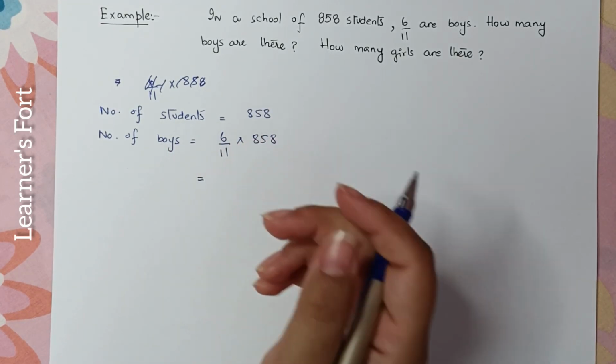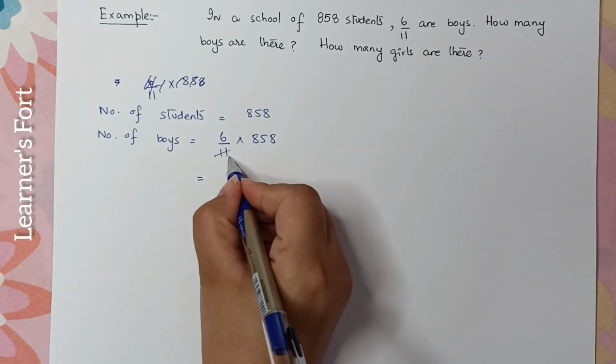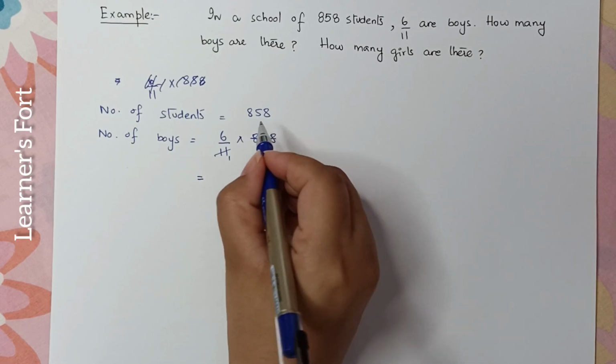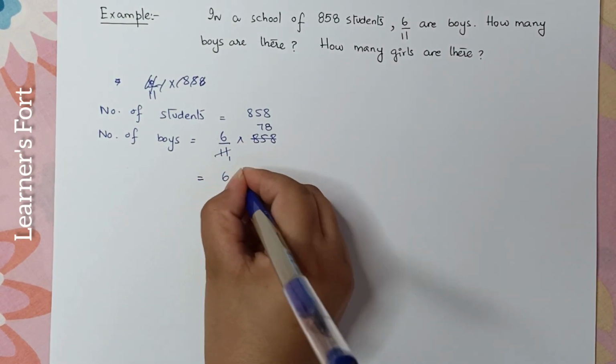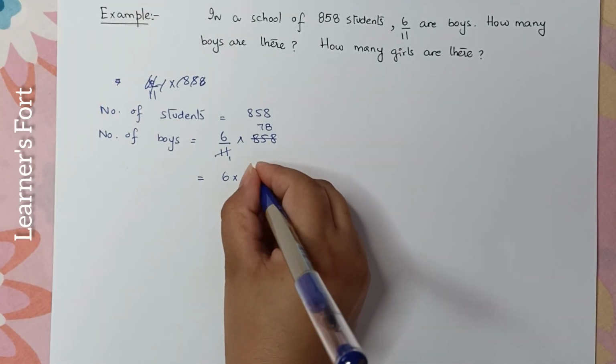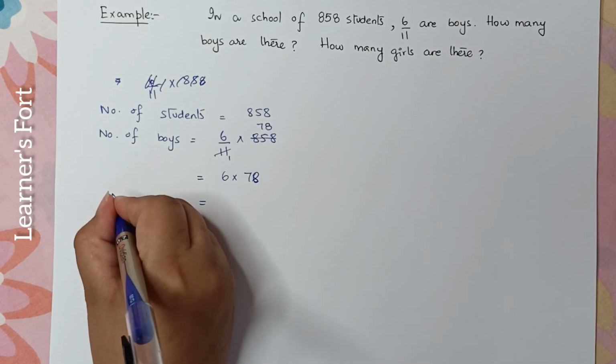Okay, so we're going to see if 858 is divisible by 11. 11 ones are 11. 11, how many times is 858? 78. Now what we are left with, 6 upon 78, right? 6 multiplied by 78. So how many number of boys?